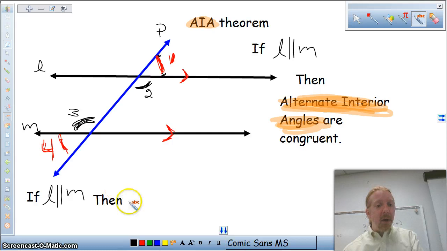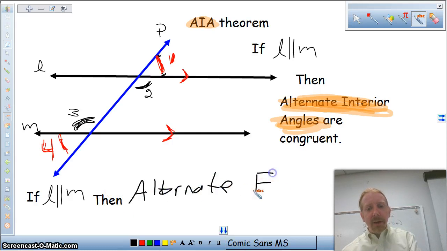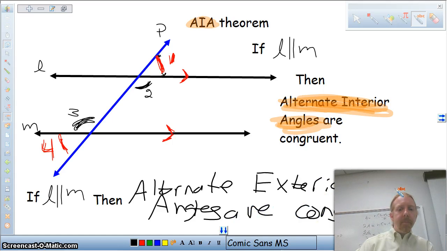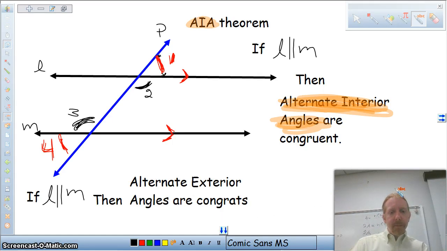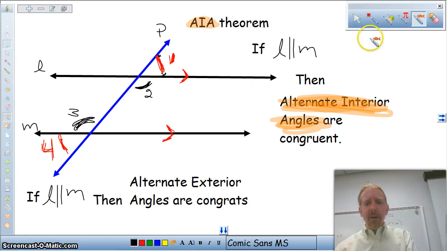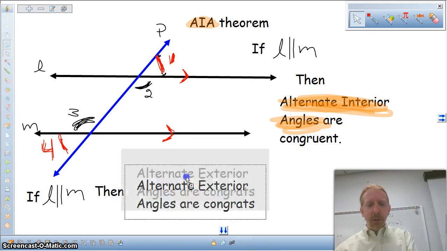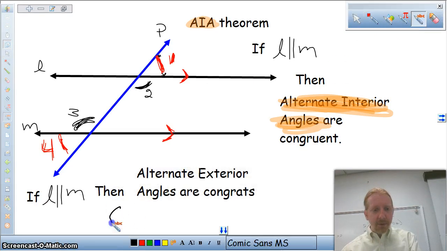We're going to talk about alternate exterior angles. And we would say they are congruent. Alternate exterior angles are congruent.